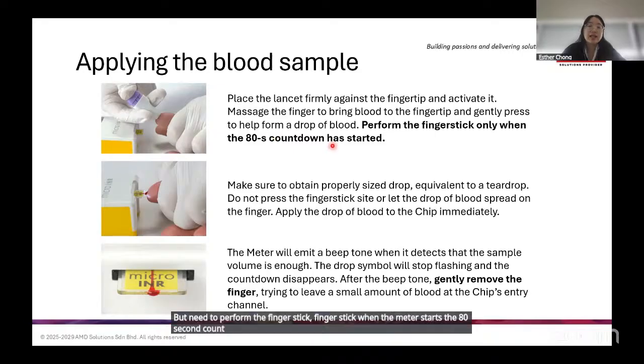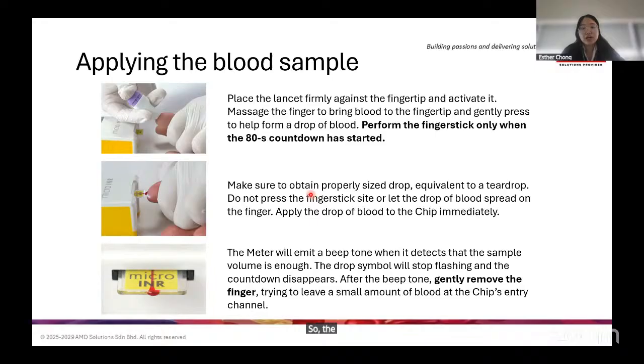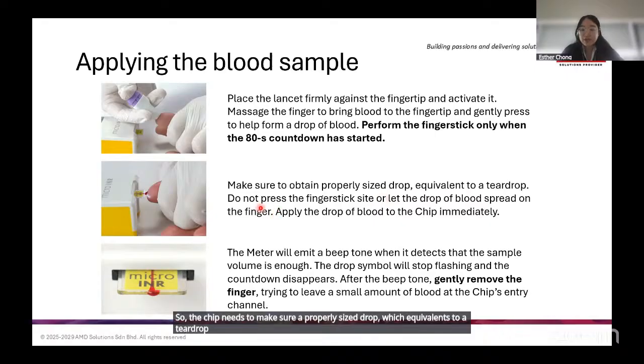So the meter has an 80-second countdown, so user no need to rush to apply blood on the chip. So the chip needs a properly sized drop, which is equivalent to a teardrop, and do not press the finger stick side or let the drop spread on the finger.